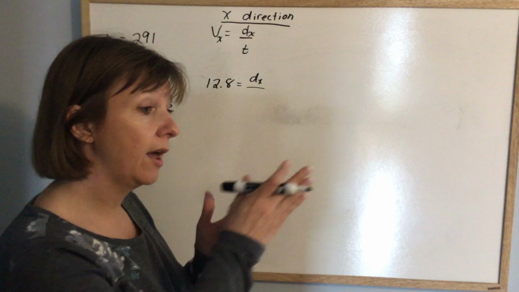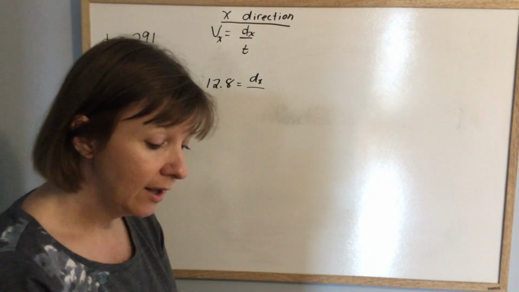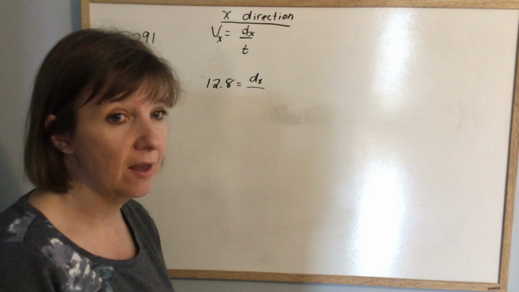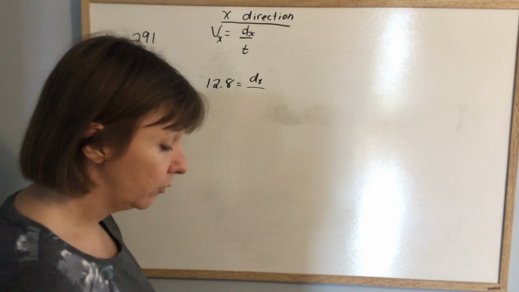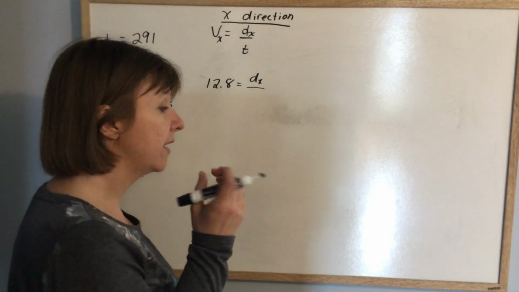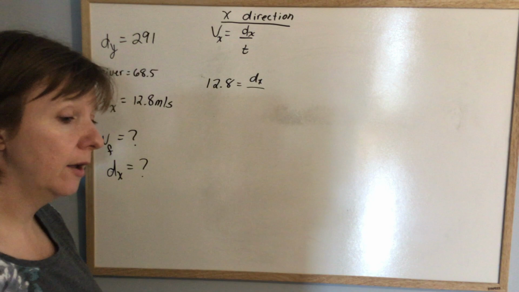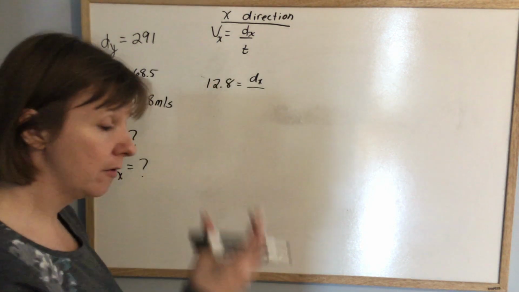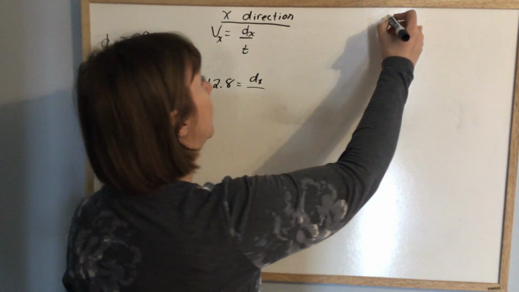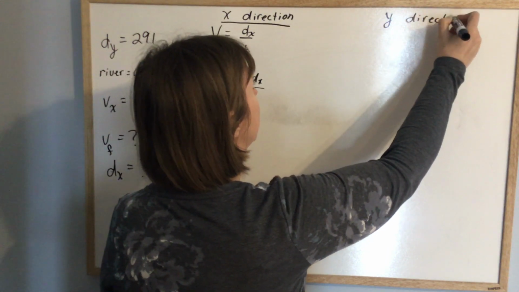Whether you look at how far it goes horizontally or how far it falls vertically, it's falling for the same amount of time. So time is the link. So what we're going to do is say, if I can't figure out time horizontally, could I potentially figure out time vertically? So we're going to look at the y direction.